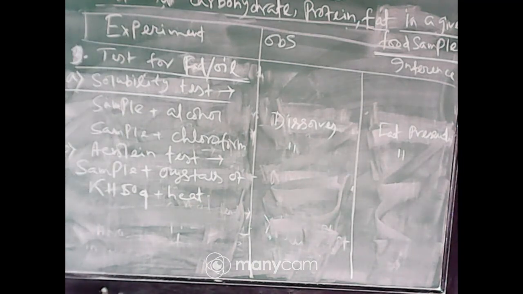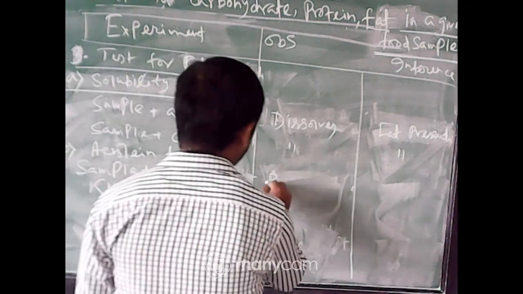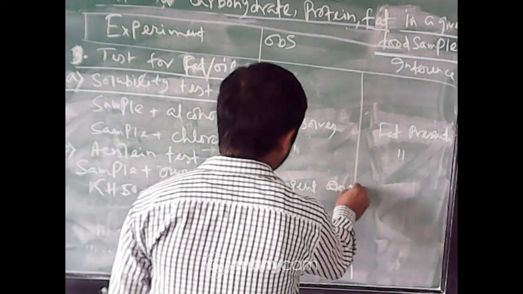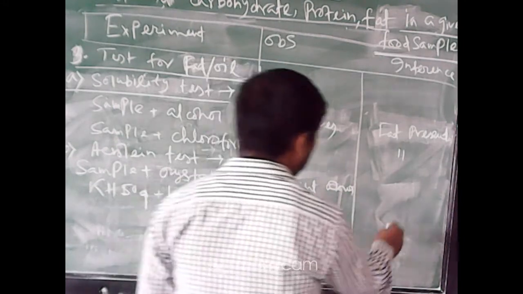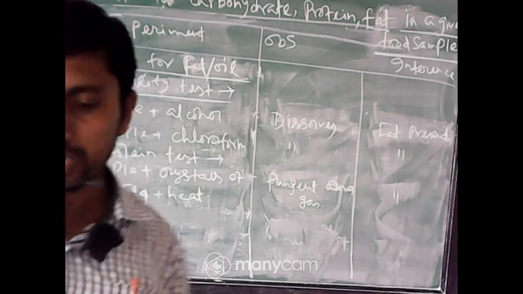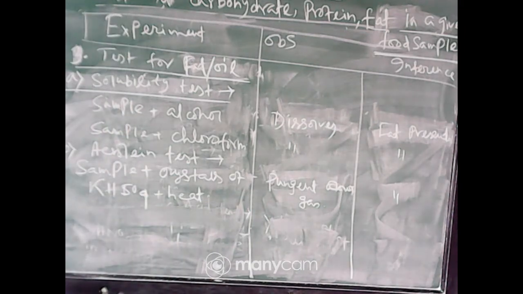What will be the observation? It will be a pungent odor gas, that indicates fat is present. So these three tests will be sufficient for the test of fat or oil.